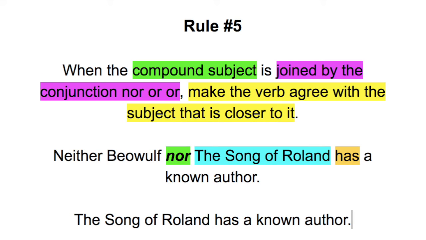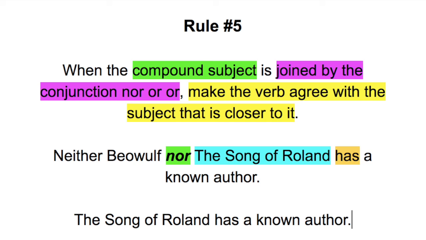All right, so now let's look at the opposite of that. When the compound subject is joined by the conjunctions or or nor, you make the verb agree with the subject that is closer to it. So let's look at the example. Neither Beowulf nor the Song of Roland has a known author.